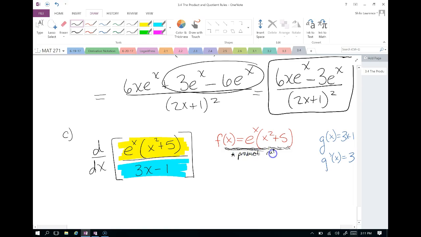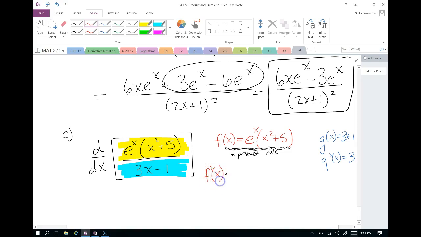Now you can write it out as an f and a g again if you want to, or you can just remember I've got to do the derivative of the first, paired up with the original of the second, and then plus, and then flip-flop. So that's up to you how you want to write it out. It might be kind of confusing to have multiple f's and multiple g's, so I really don't suggest doing an f and a g again.